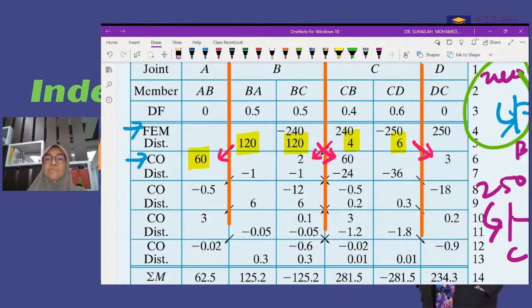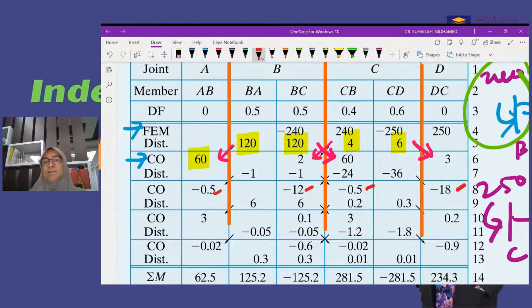Remember that the total value must be 0. This total must be 0, and this total also must be 0. And then we repeat the carryover, and we get these values. Then we repeat distribution.